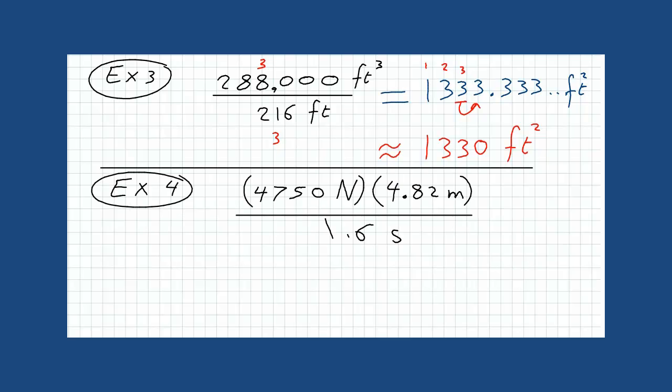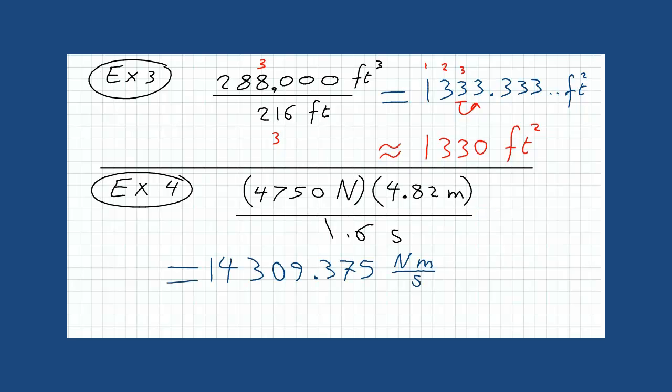Example 4. Using the rules for multiplication and division, we want to calculate this multiplication and division. 4,750 newtons times 4.82 hundredths of a meter, and divide the result by 1.6 tenths of a second. Using the calculator, you would have an answer such as this.